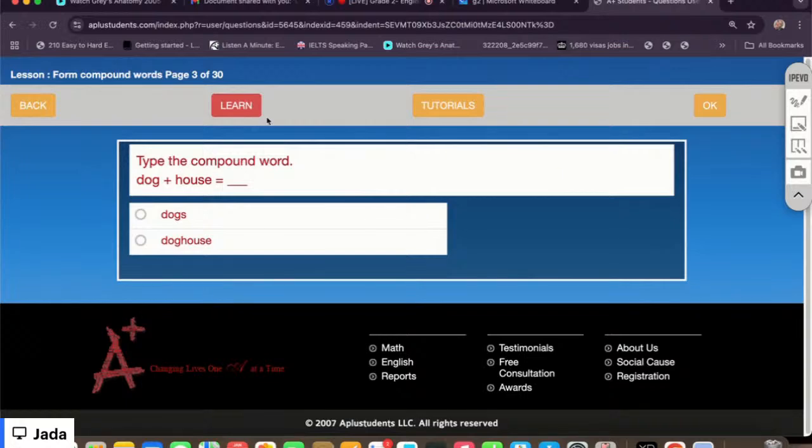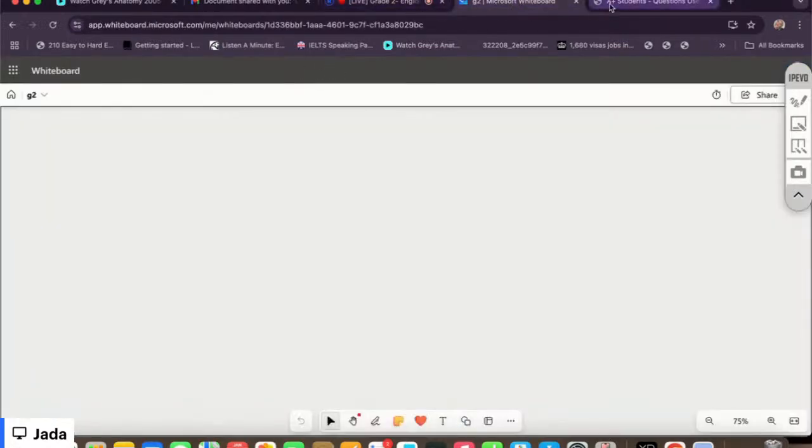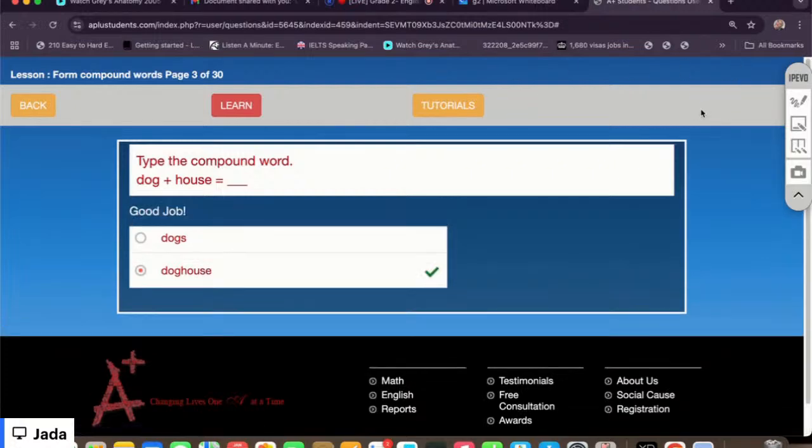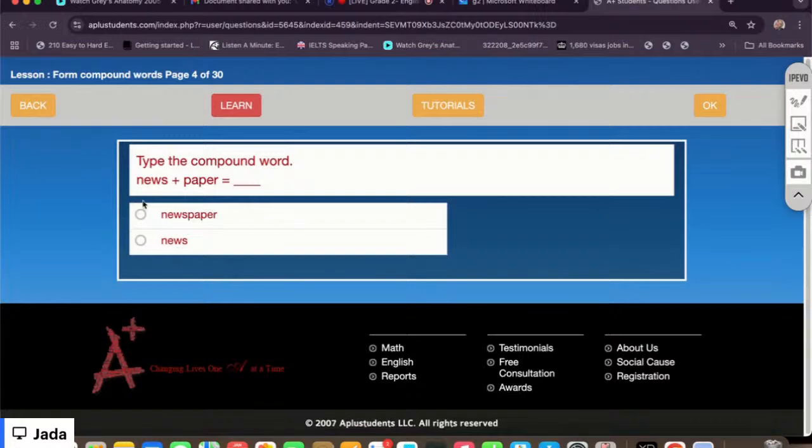What do we have? Dog plus house. What is our compound word here? Okay, we have doghouse. That's correct. And then this one we have news plus paper.